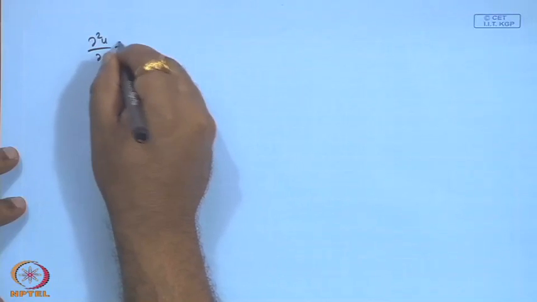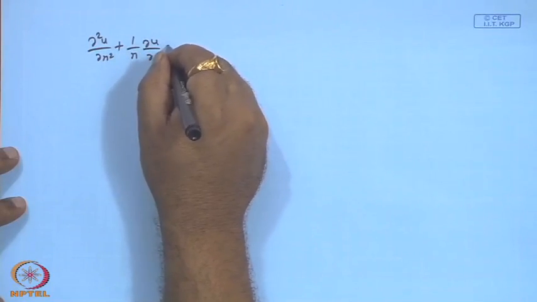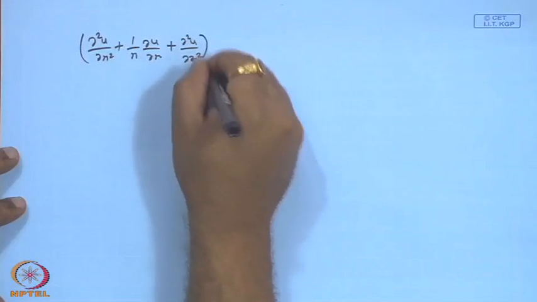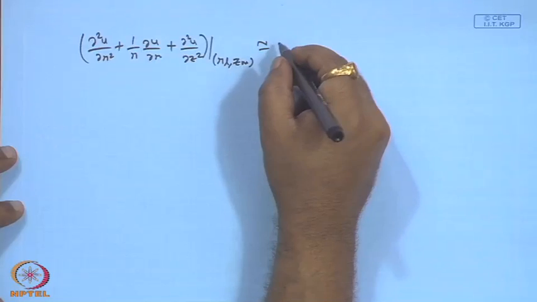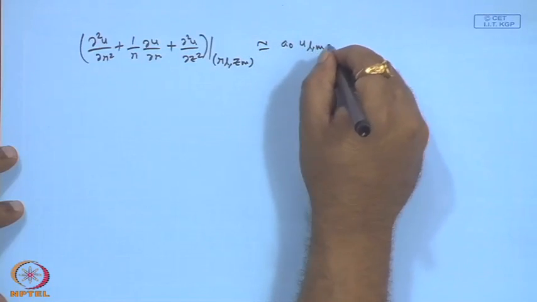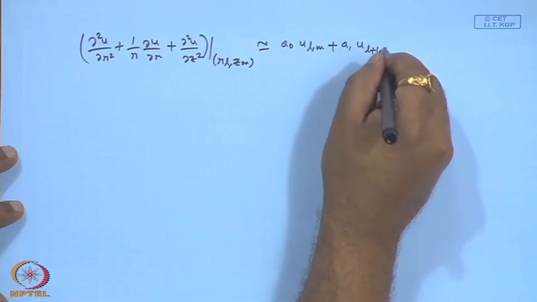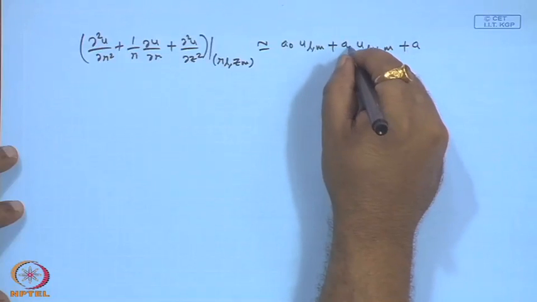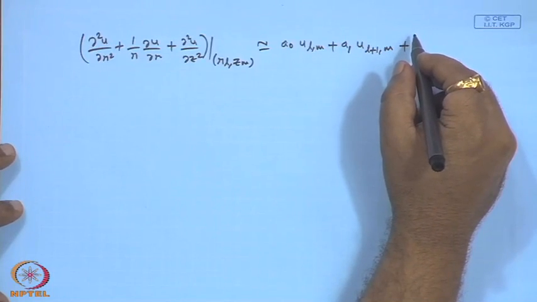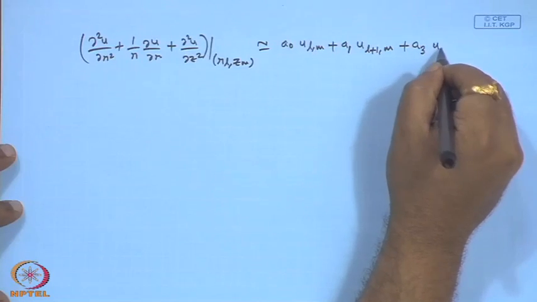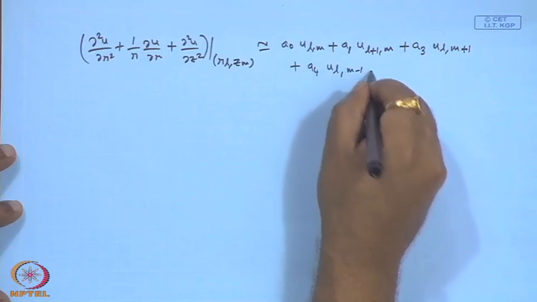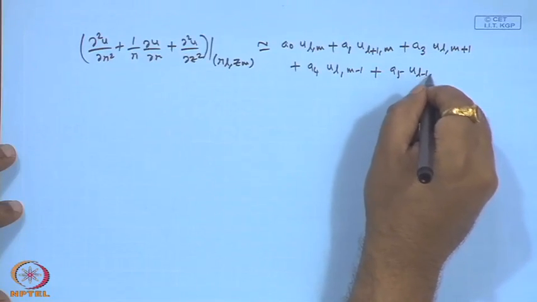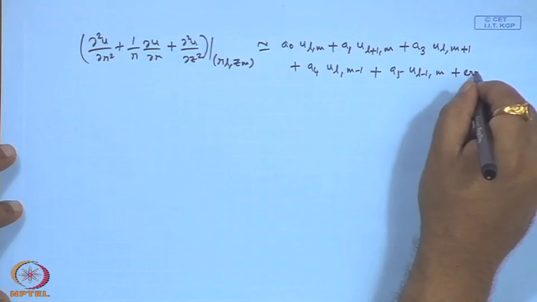So, now what kind of approximation we use? So, this we discretize plus of course error.